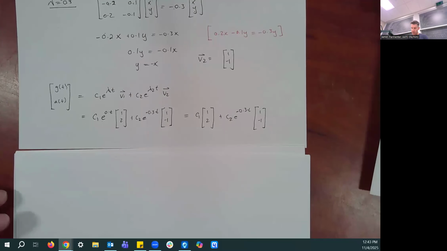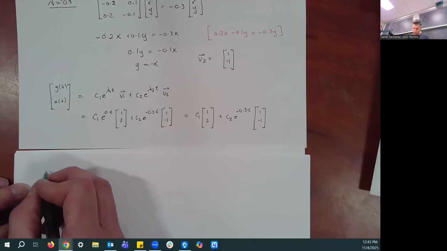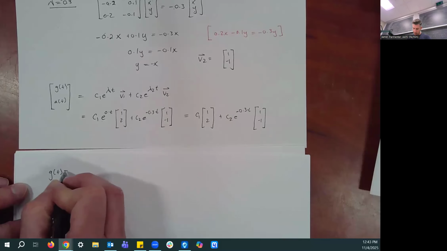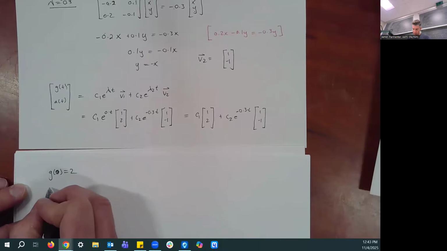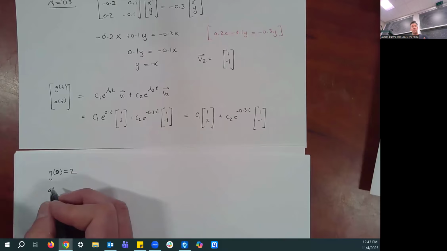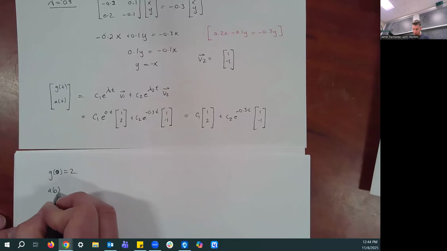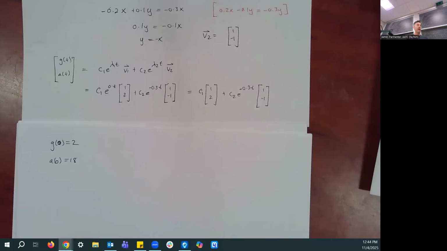And then if we use the initial conditions that G of 0 was equal to 2, and we know that the total was 20 and they always total to 20, so A of 0 should equal 18, because they have to add up to 20 no matter what time it is.